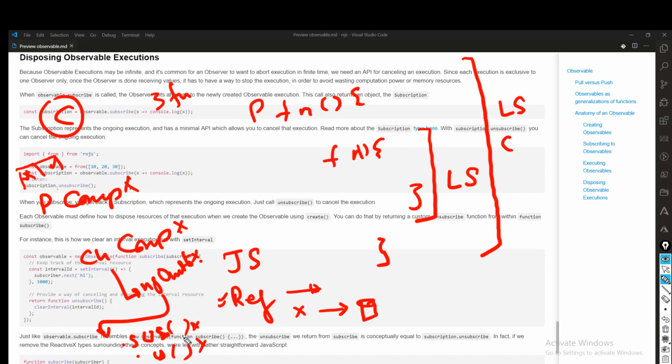But internally, you can verify using console log that it will still be calling these functions. This subscribe will have inside it these 3 functions. The producer will keep on calling them, and this will keep on invoking. So what does it mean? A memory leak, a quite severe memory leak.